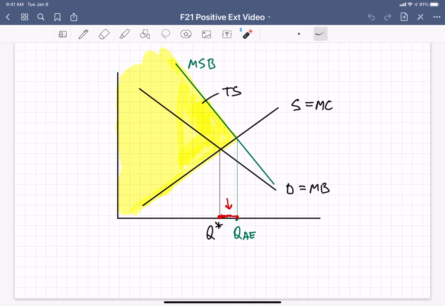Speaking of total surplus and the effect of this positive externality, as I was saying earlier, some people find it counterintuitive that the presence of positive externality results in deadweight loss. But I think that's because they intuitively feel like the presence of external benefit should make things better, right?